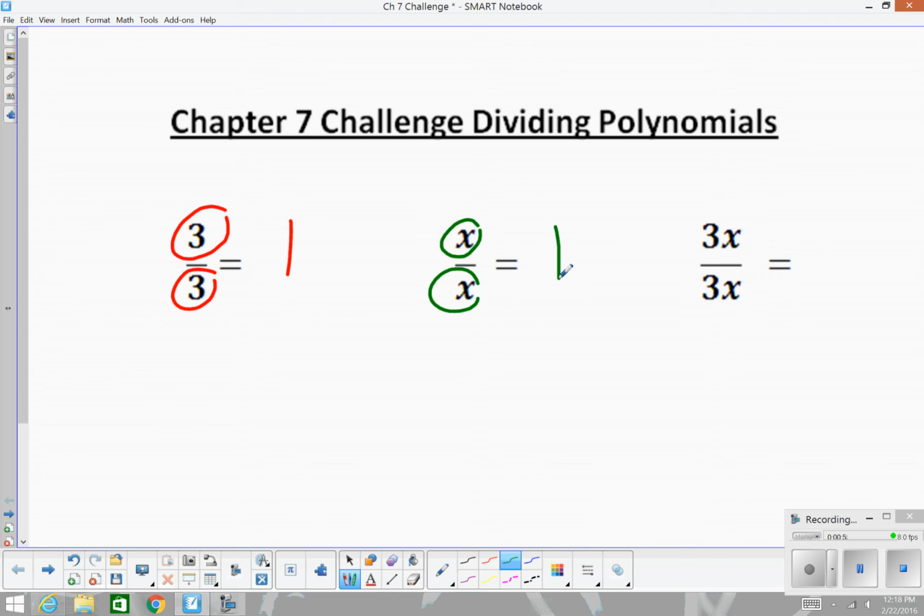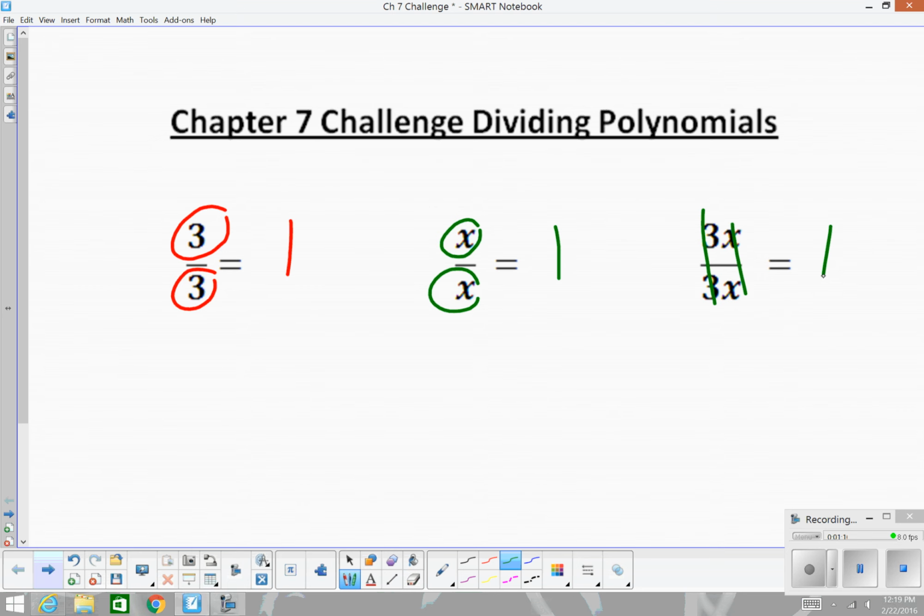For this third example, I just have a term, 3x, divided by the same exact term, 3x. If you wanted to break it up, 3 divided by 3 cancels out, x divided by x cancels out. Same thing, it's equal to 1.